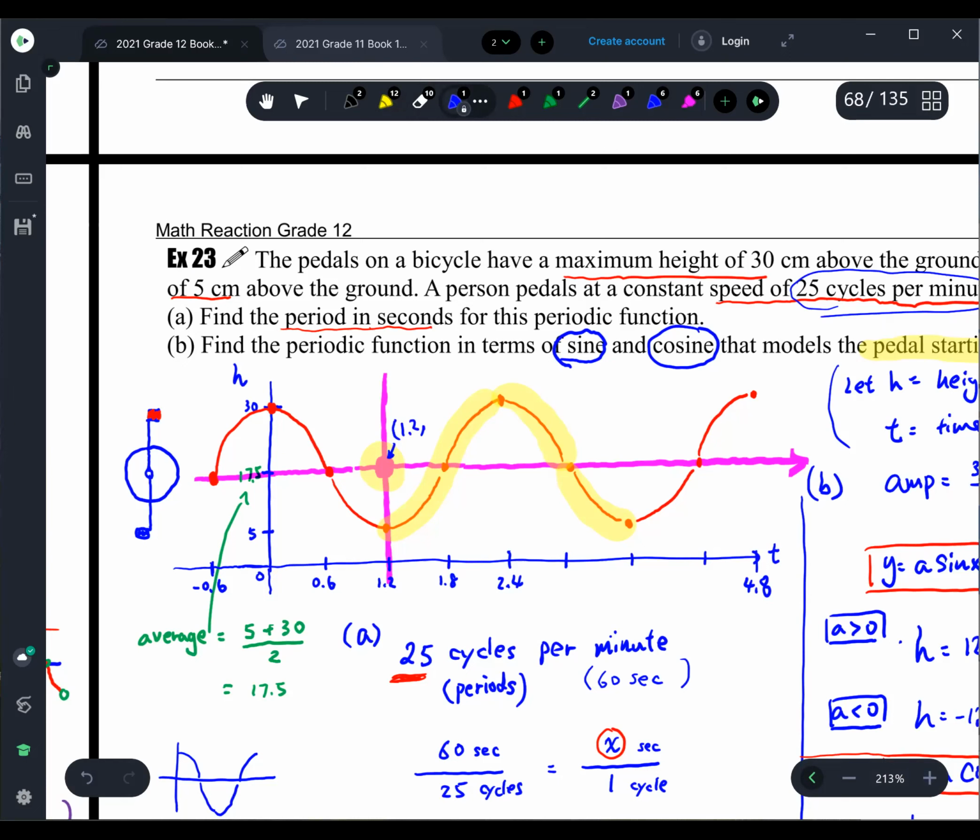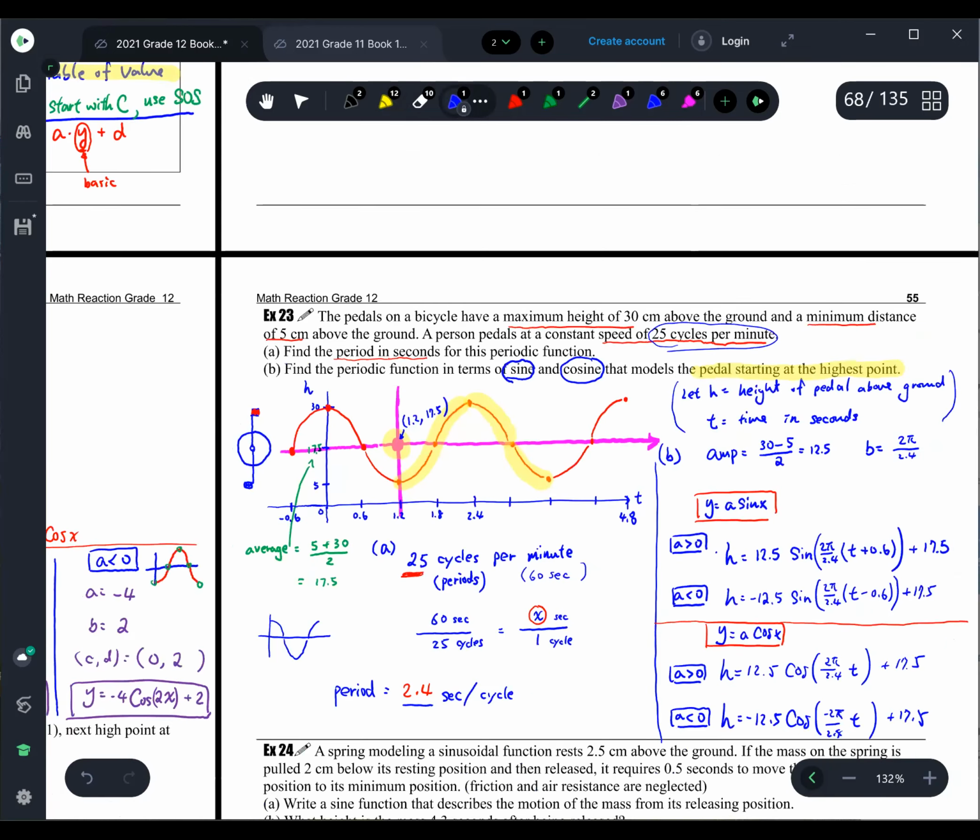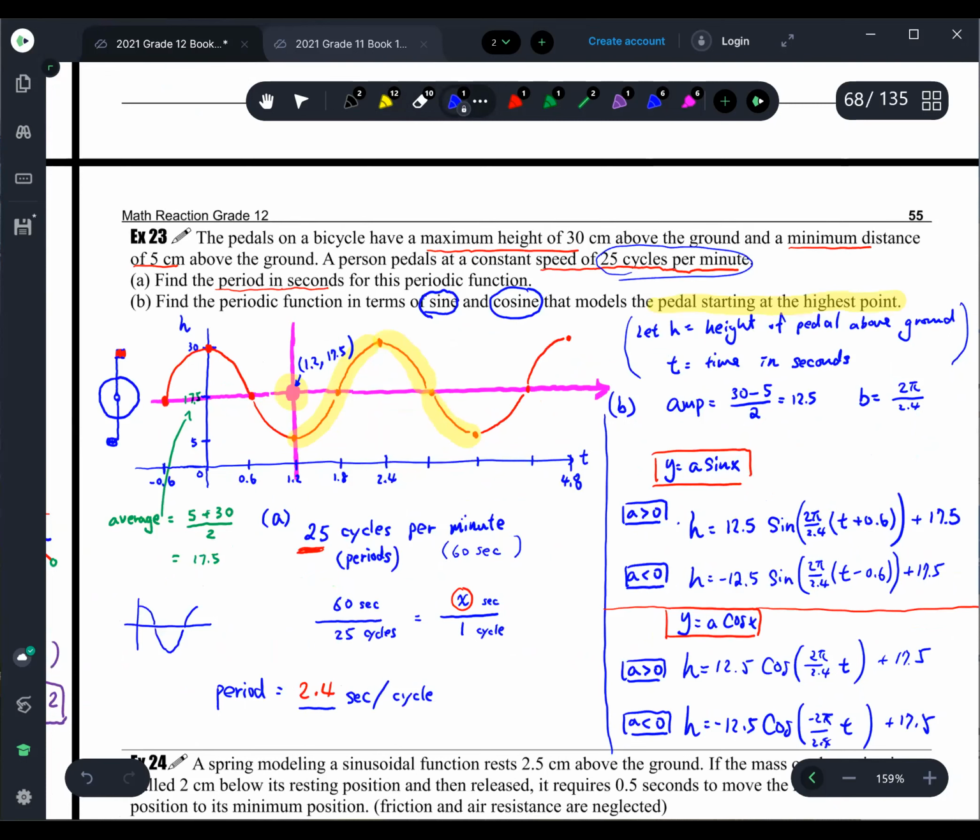So you should use 1.2 for your C. 17.5 is your D. And the value for B is not negative.